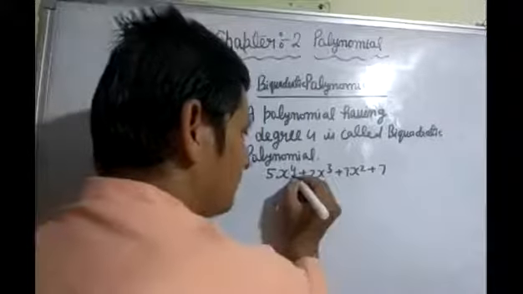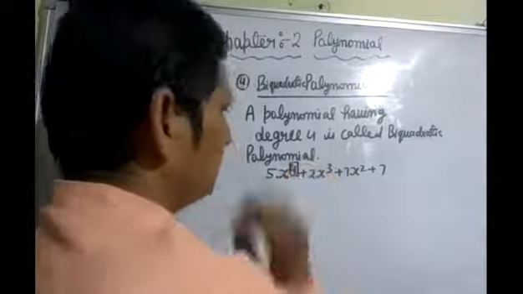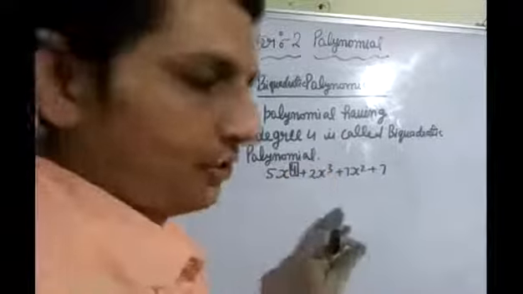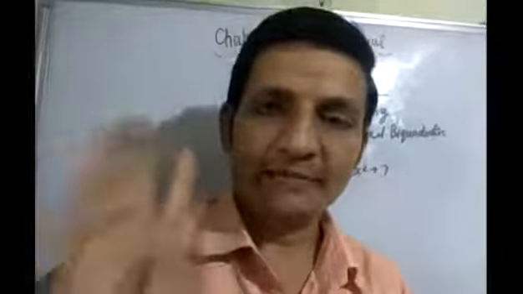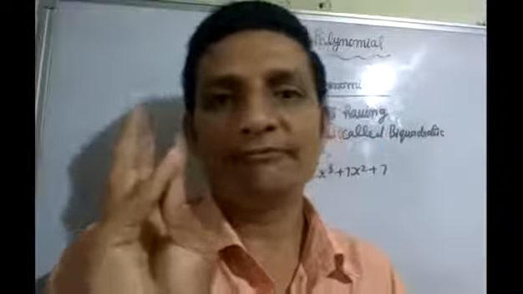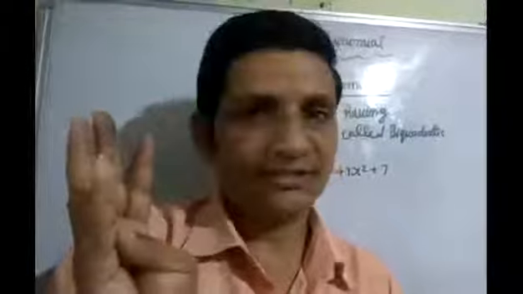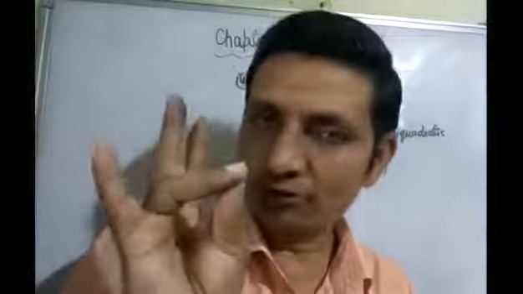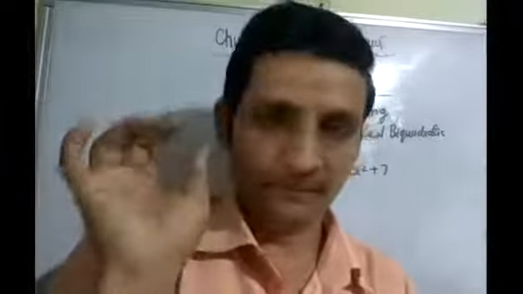Here maximum power of x is 4, so it is biquadratic polynomial. So polynomials are of 4 types: linear polynomial, power of x is 1; quadratic polynomial, power of x is 2; cubic polynomial, power of x is 3; biquadratic polynomial, power of x is 4.